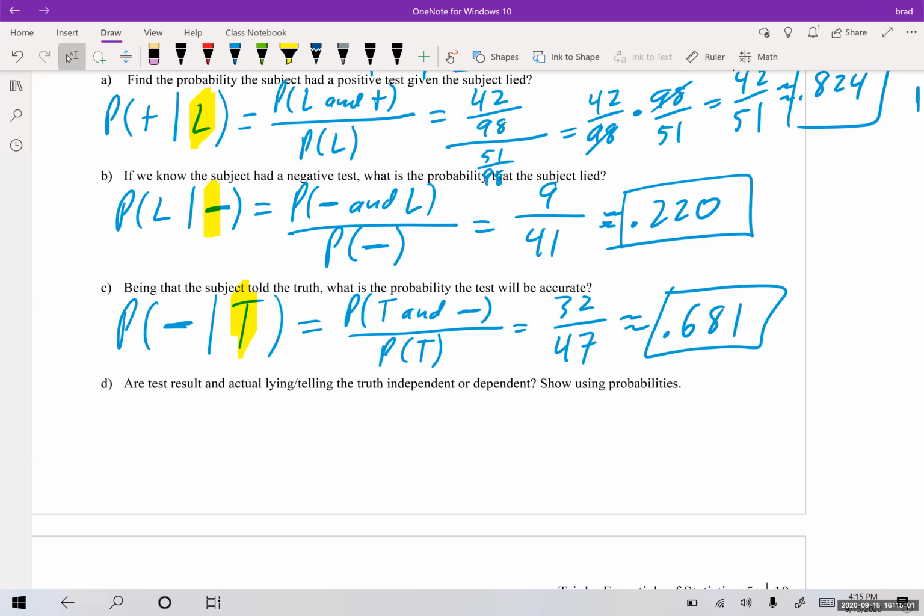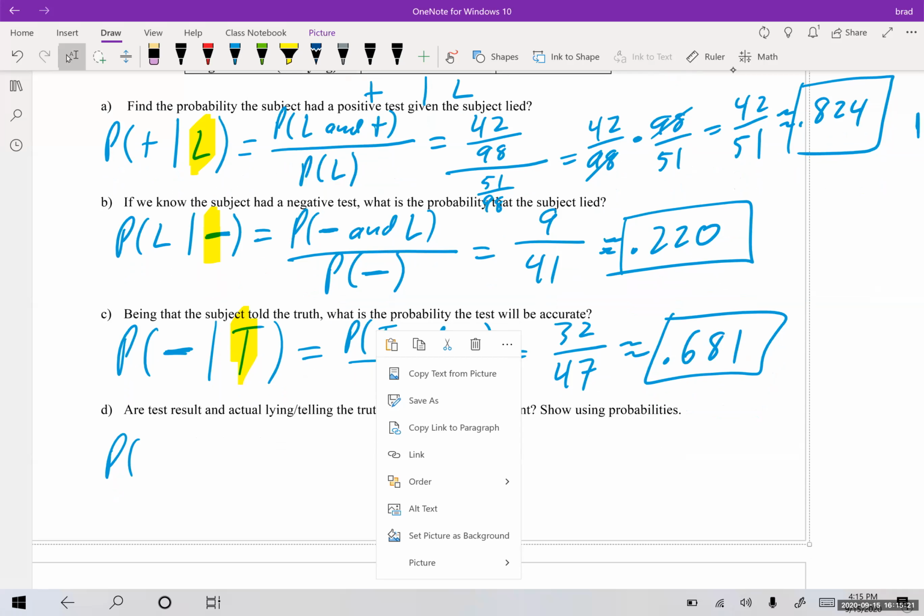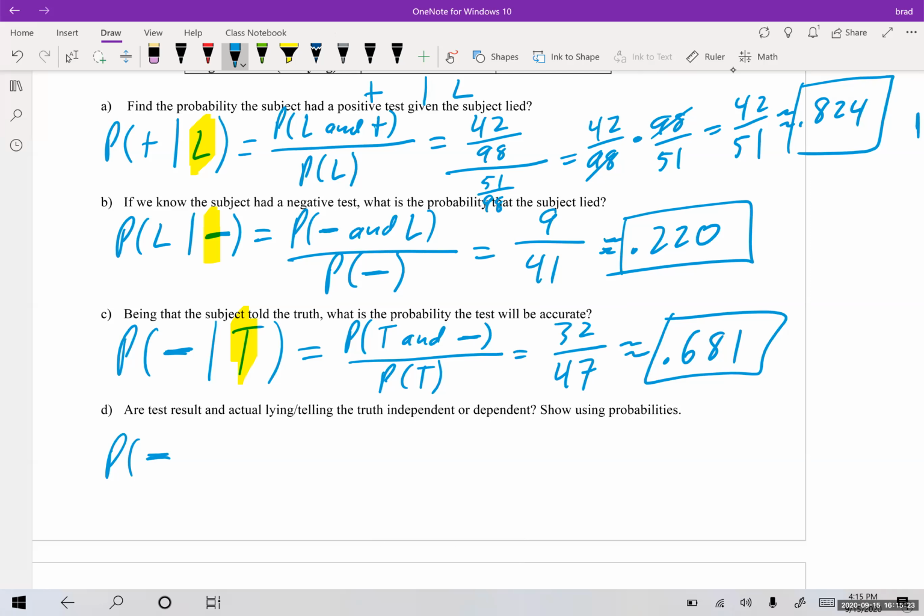Are the test results and actual lying or telling the truth independent or dependent? Show using probabilities. Well, let's see here. If they were independent events, then that means that the probability of negative test result given they told the truth equals 0.681. That's from above, right?